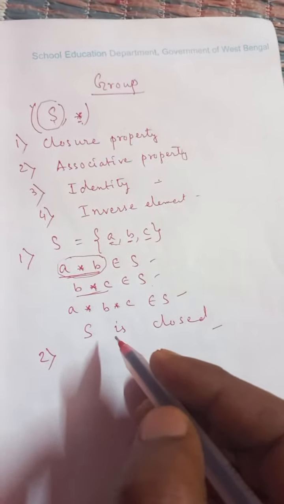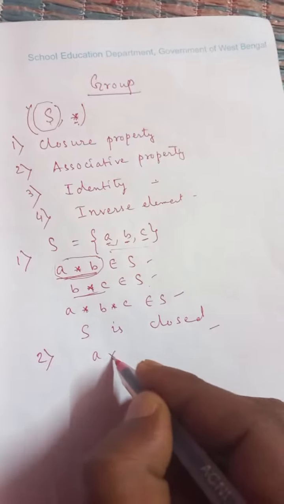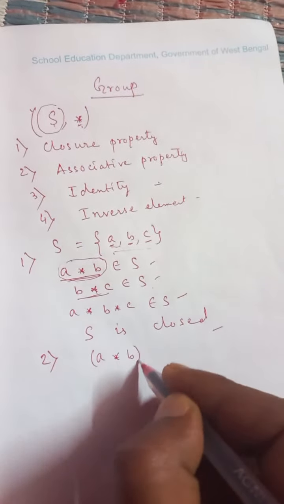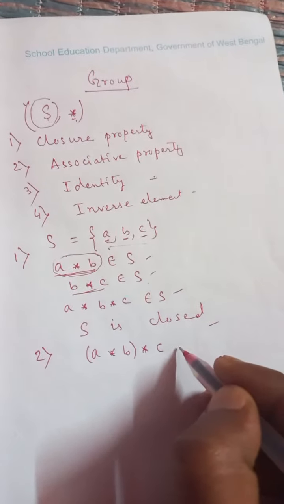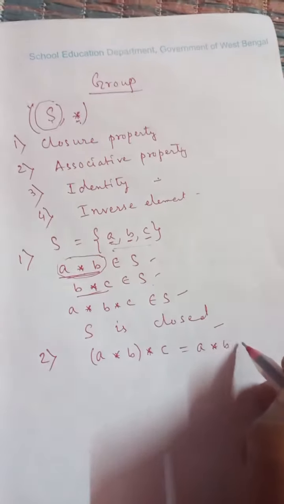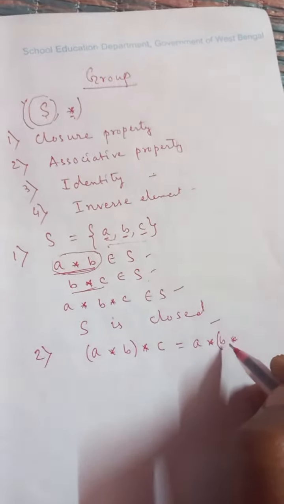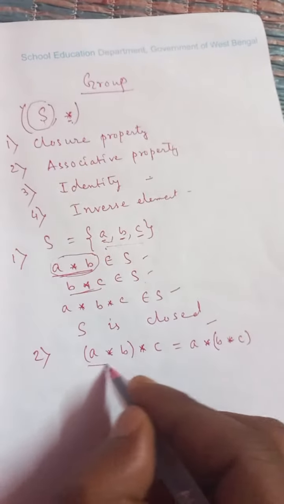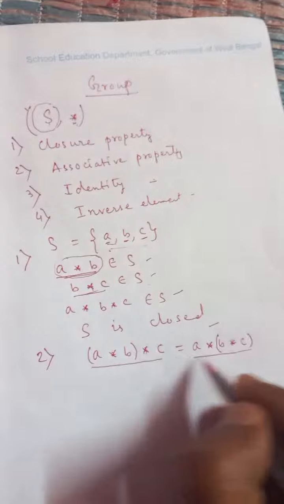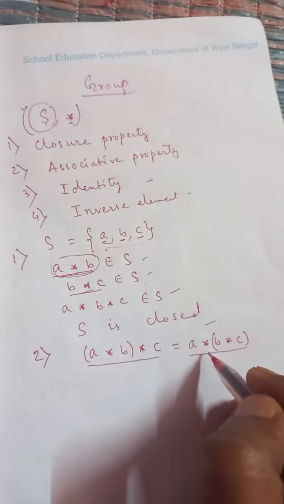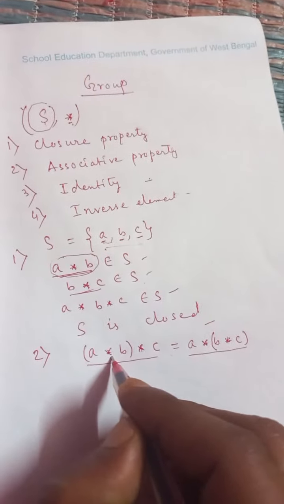Associative property means we take three elements: a binary operation b under the first bracket, binary operation c, is equal to a binary operation under bracket b binary operation c. If the results on both sides are equal, then we can say that S is associative under the binary composition star.